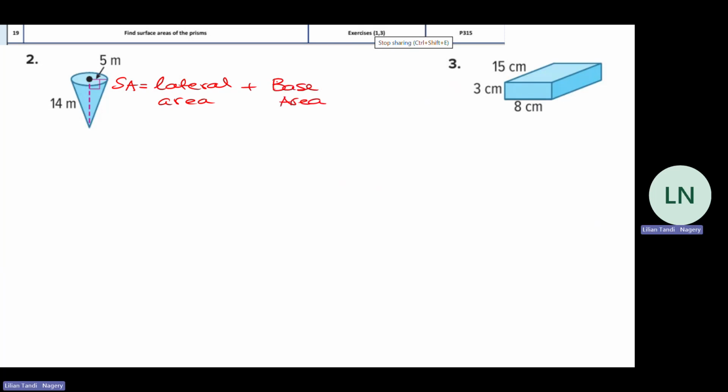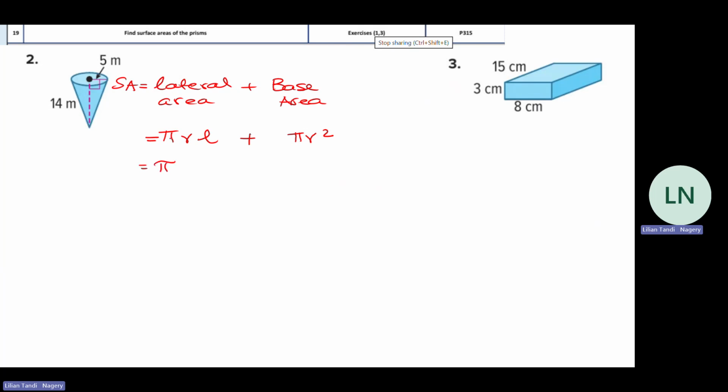Now remember, capital B is not the same as small b. You have to know when to use capital B and when to use small b. Okay? Pi r L plus pi r squared. Now, do I have L? Yes, I have L, which is given to me here, is the slanted height.